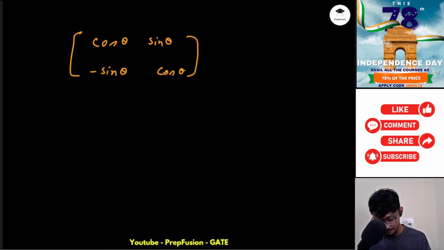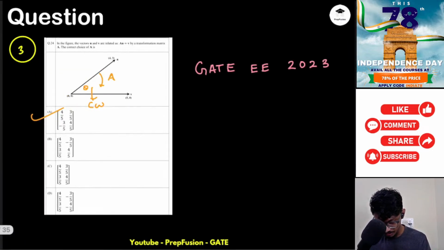Okay, and what is theta? How do you find out theta? Here, if you observe, how much angle am I moving? The height of this is simply 4, and the base of this is 3.